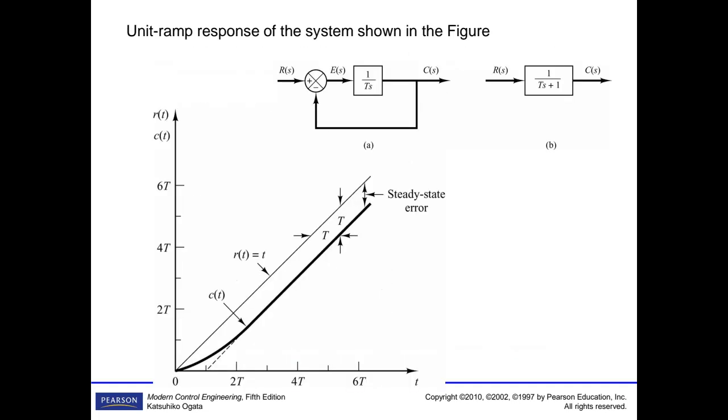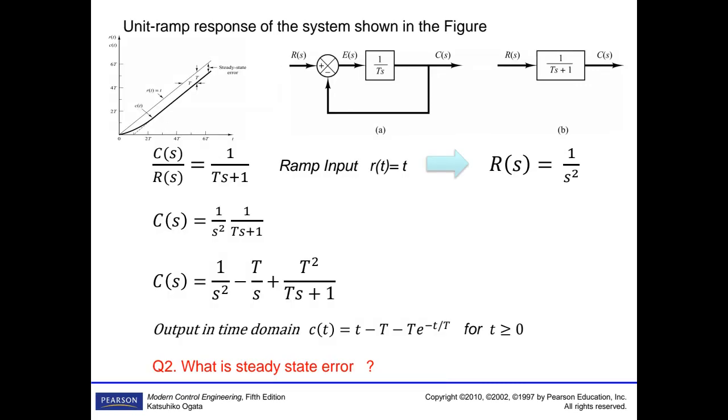I solved that one, and we obtained that as time goes to infinity, the steady state error remains T here. Anyway, I won't prolong it. You already know those. Unit impulse response for the first order system.